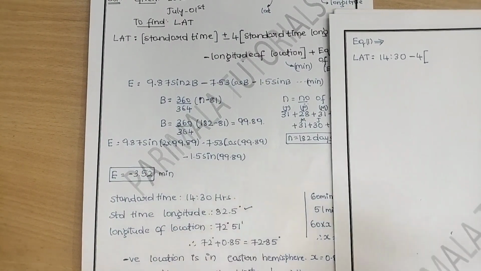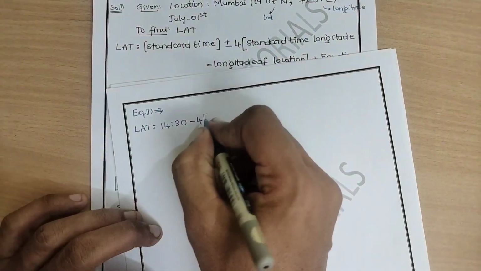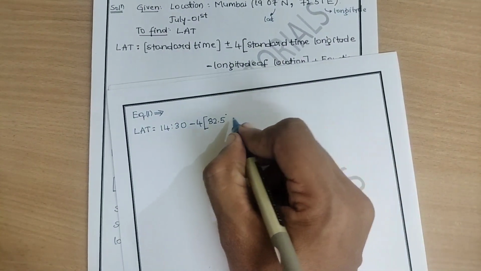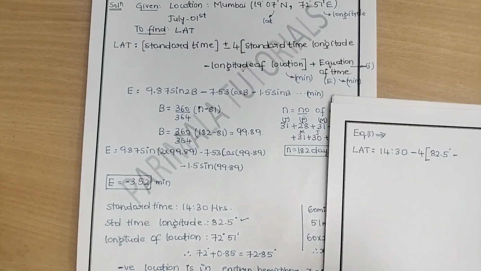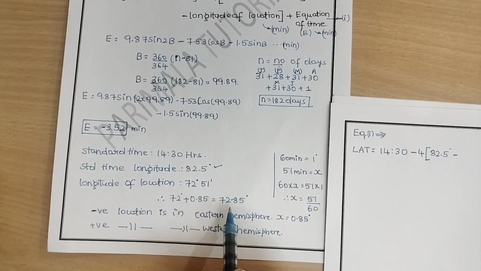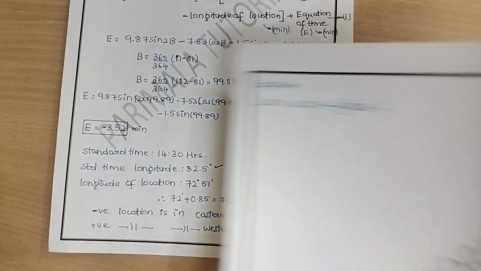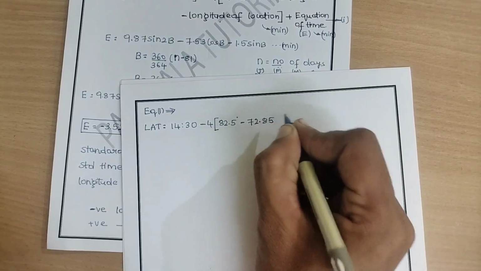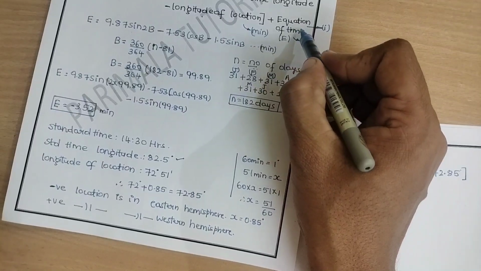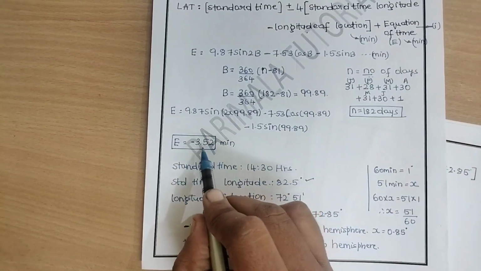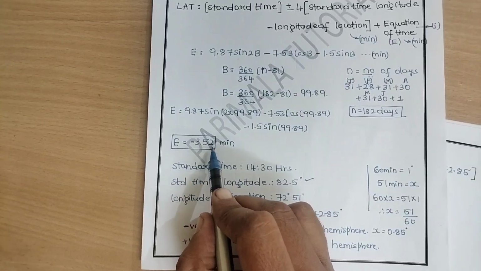Already we have taken 82.5 degrees, minus the longitude of the location. Longitude of the location was given as 72 degrees 51 minutes. After conversion, it is 72.85 degrees. Next, plus the equation of time. Equation of time we have calculated as minus 3.52 minutes.